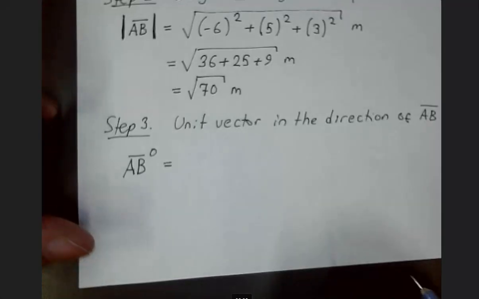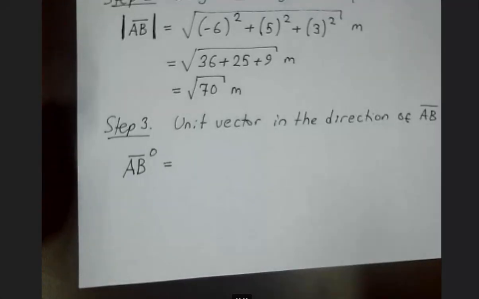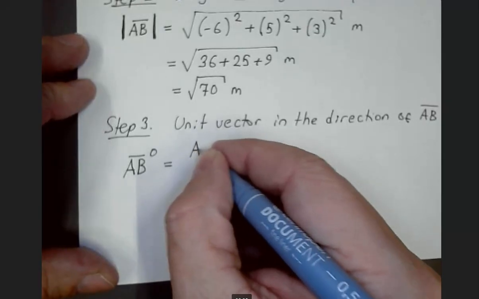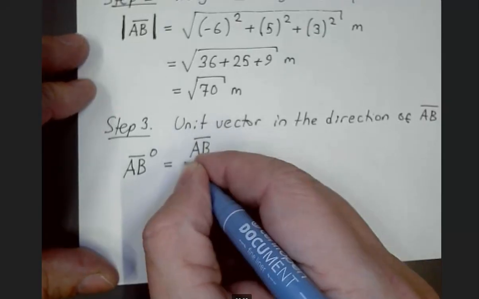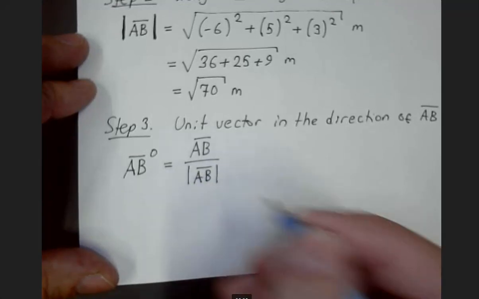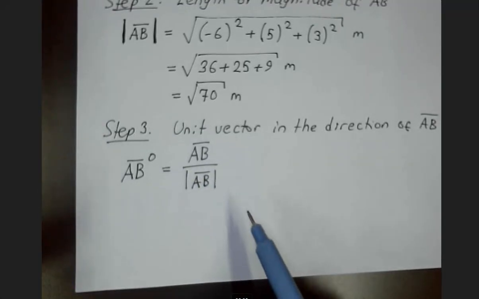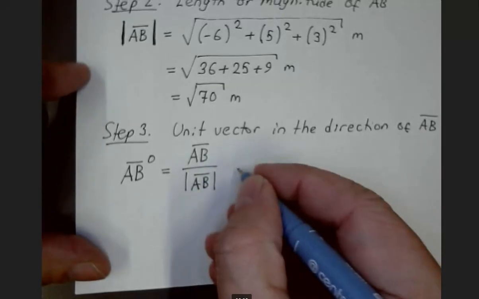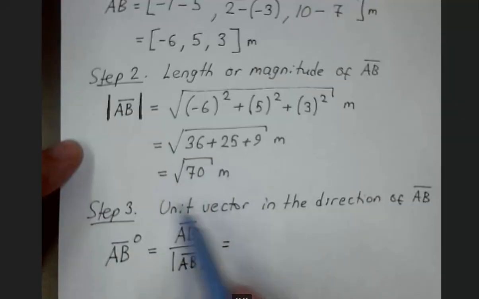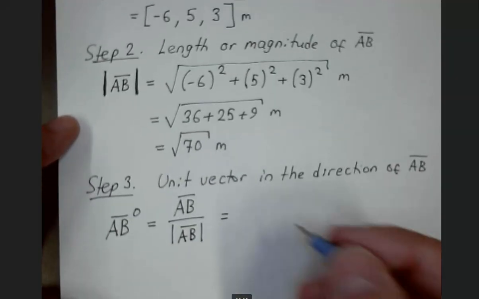So this unit vector which has the direction of AB, we get by dividing this AB vector by the length of that vector. So here we had this AB vector, and here we have the length of that vector.